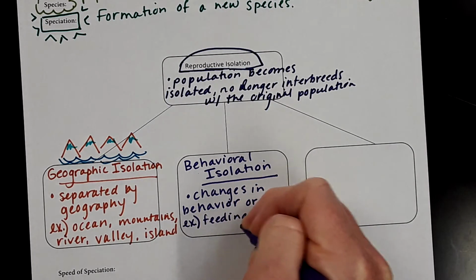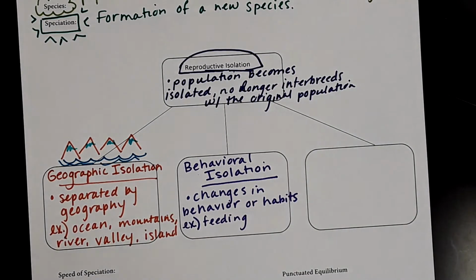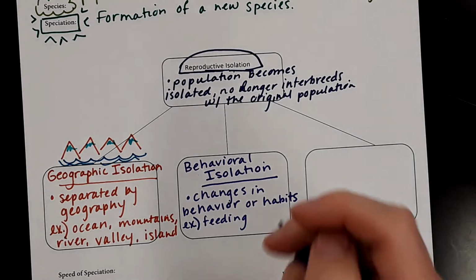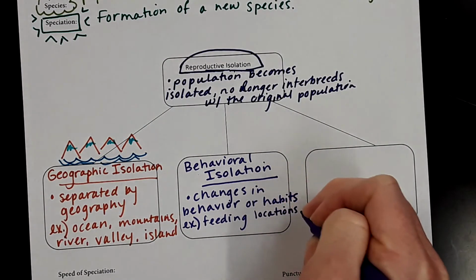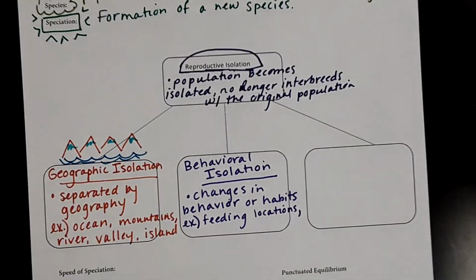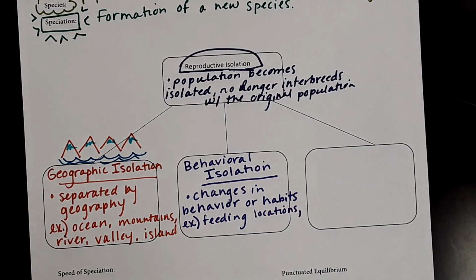If we have a group of deer that always go to get a drink at a specific pond, they're always going to meet the deer that also go to that pond. If the other deer are going to a different watering hole, they're going to meet those other deer. So feeding or drinking locations are going to be one behavior. Another could be when you're awake.